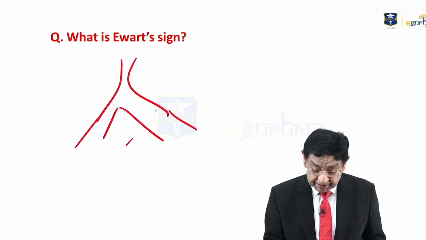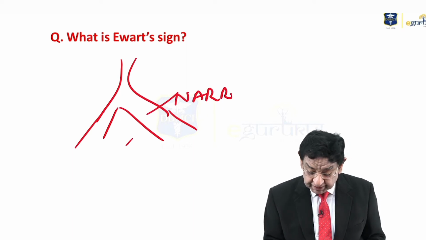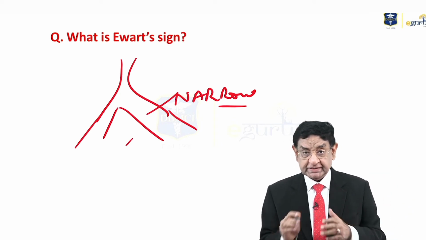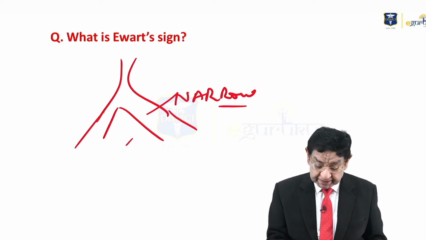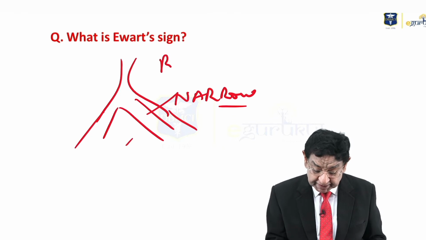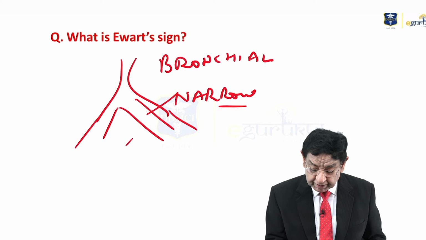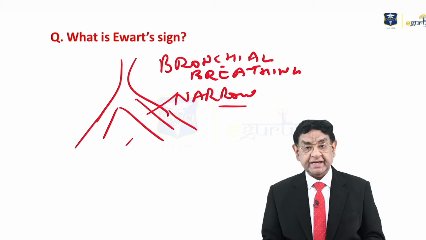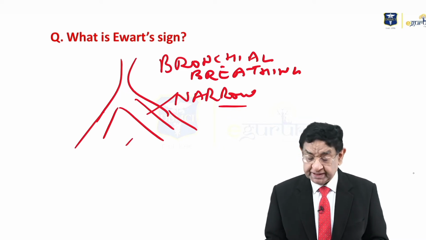So now there will be some narrowing of the left bronchus because of pressure on this, and we can hear bronchial breathing in the left angle of scapula, and this is known as Ewart sign.